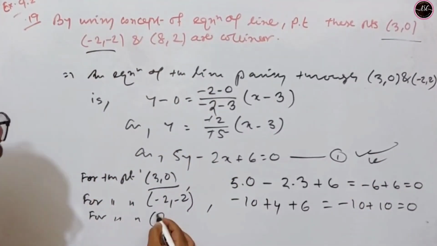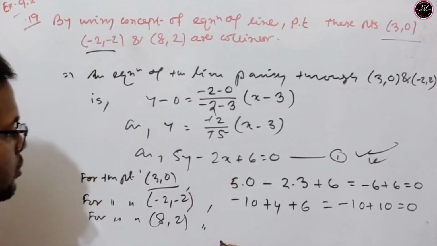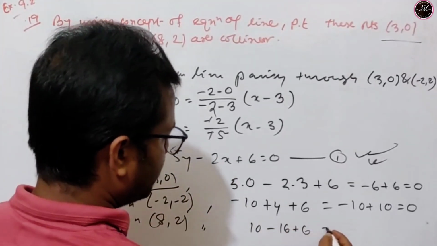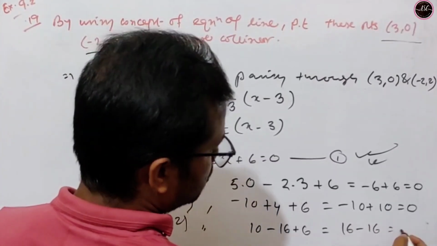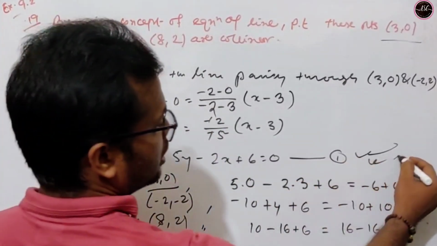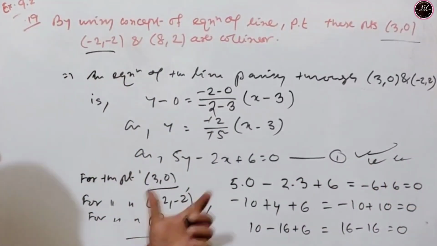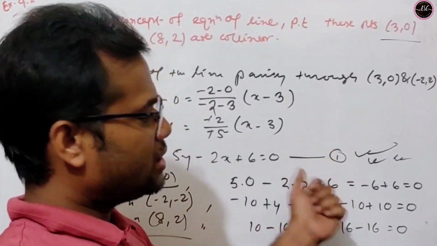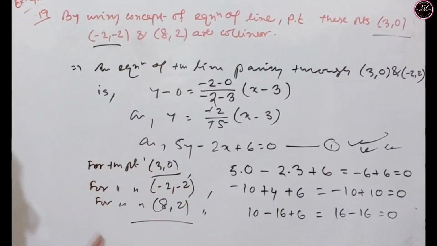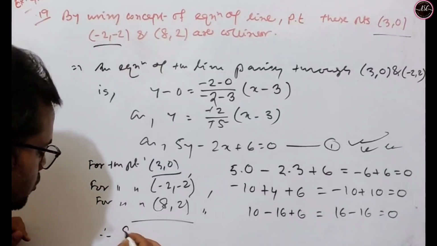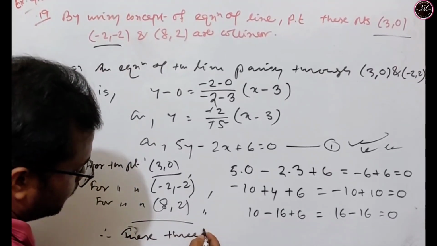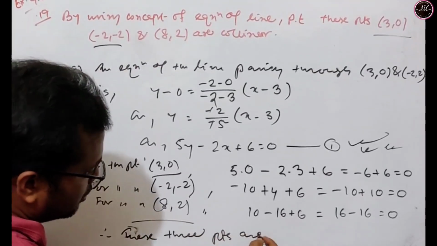For the point (8, 2): the equation will be 10 minus 16 plus 6, that means 16 minus 16 equal to 0. For this point also the equation is satisfied. So for all 3 points the condition has been satisfied, so we can say these 3 points are collinear.